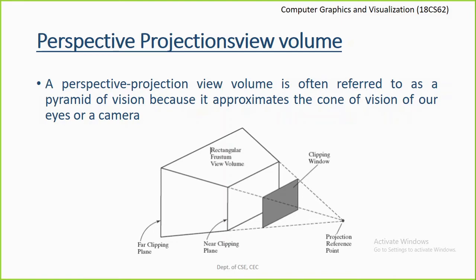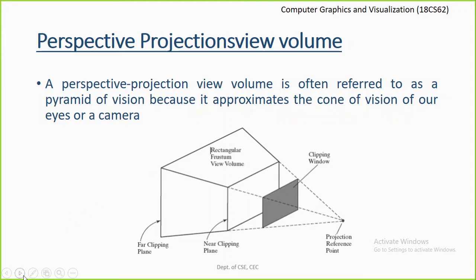Remember, in case of perspective projection, the shape of the view volume will be in the form of a rectangular frustum. What do you mean by rectangular frustum? It is basically a truncated pyramid. The top of the pyramid will be removed, right? You have one base of the pyramid which is larger, and at the top there will be one more rectangle which is smaller. Why is there a difference in the two dimensions? That is because the projection paths converge to the projection reference point. We can place the view plane here, and then we have two more planes, the near clipping plane and the far clipping plane.